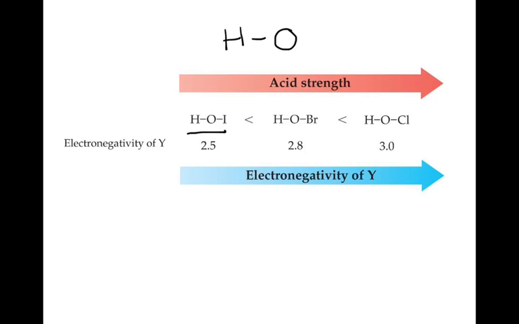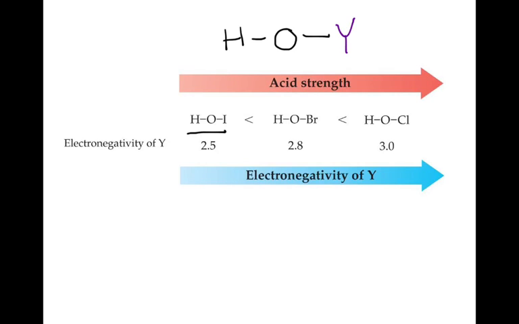It's an OH bond, but we're changing some Y group that is attached to the O. So here, size effects don't matter because the overlap of orbitals is always between H and O. But we can look at how that Y addition is going to change the OH bond. Here, Cl is the most electronegative, and I is the least electronegative, and we say that HOCl is the strongest and HOI is the weakest.